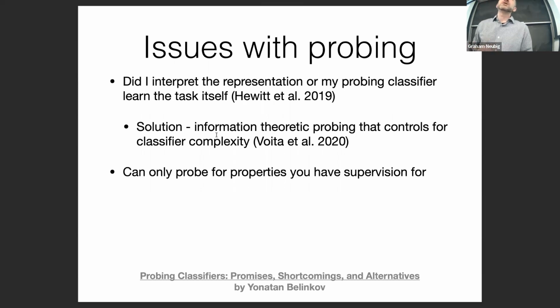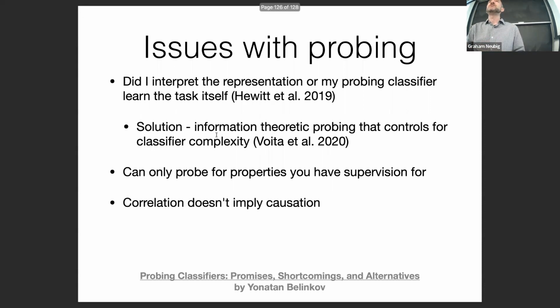Another issue is that when you're probing, you can only probe for properties that you have supervision for, or that you know a priori. Let's say there's some really interesting phenomenon that was captured in the embeddings. Probing would not find that for you, because if you're only probing for part of speech, you can only say something about part of speech. Another thing is correlation doesn't necessarily imply causation.